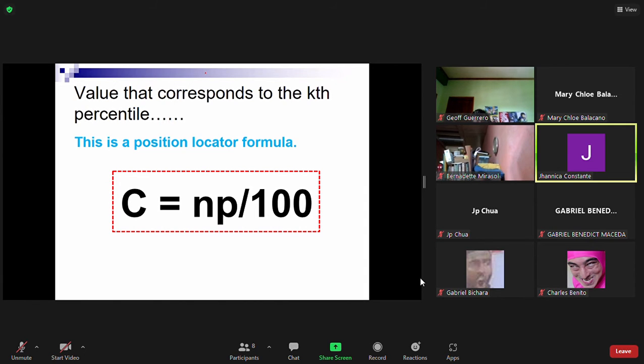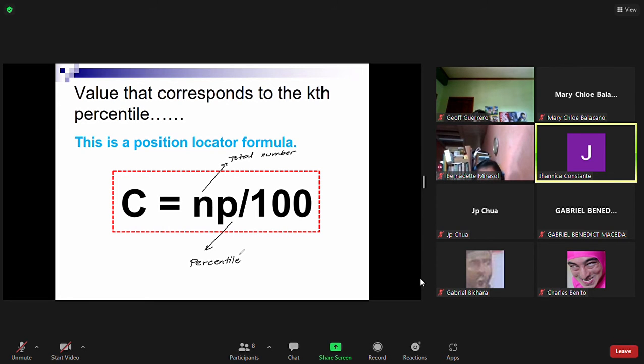We have the position locator formula, which is C equals N times P divided by 100, wherein N stands for the total number of the set of data given, and P is the percentile that you're going to solve. That is our formula to know what position a particular percentile is in the set of data that we have.